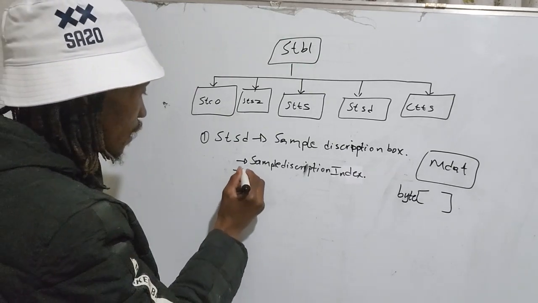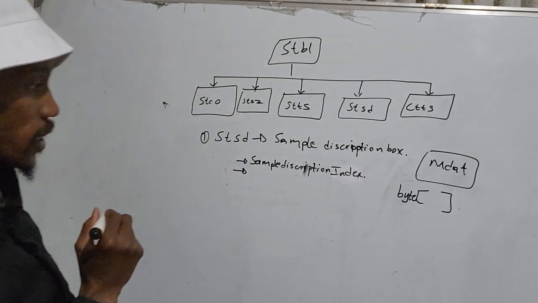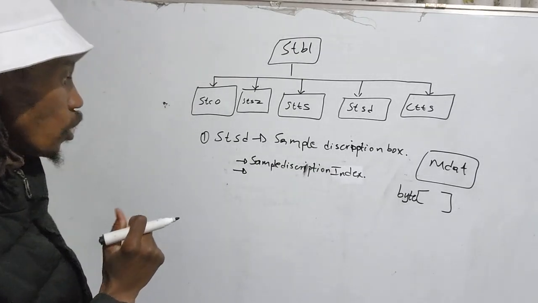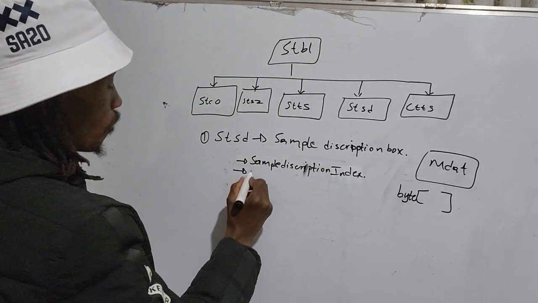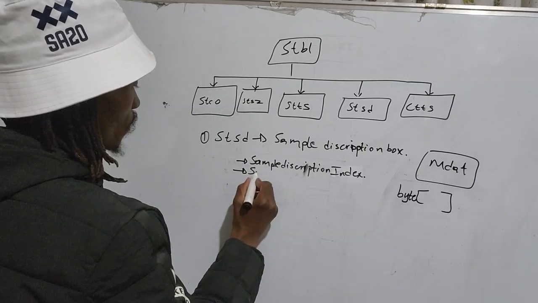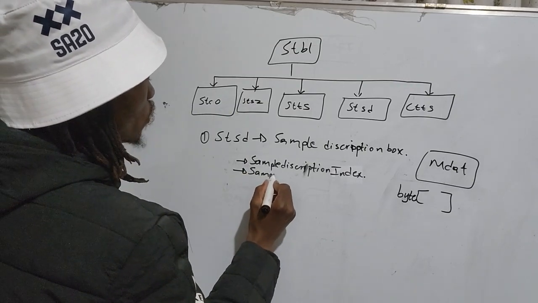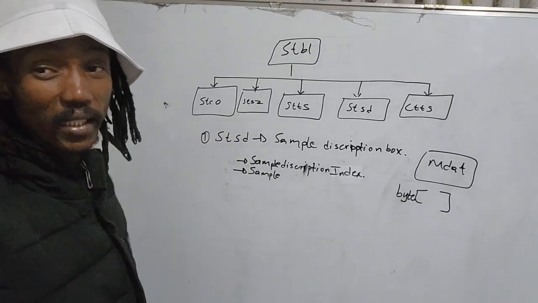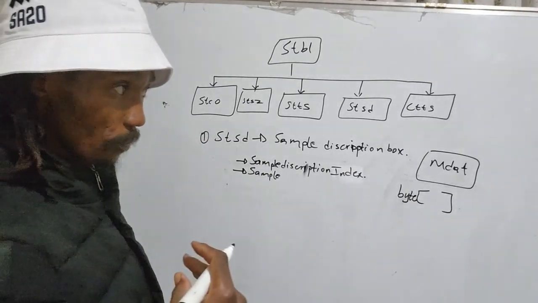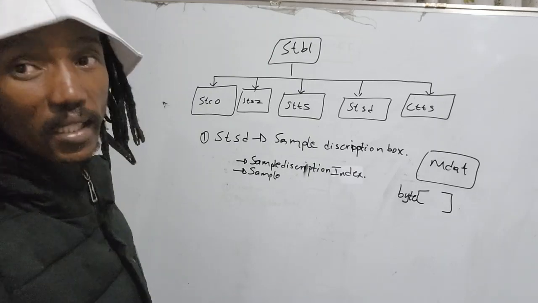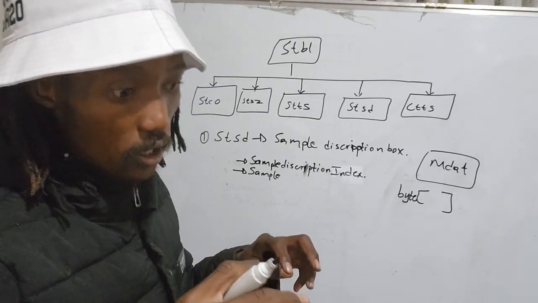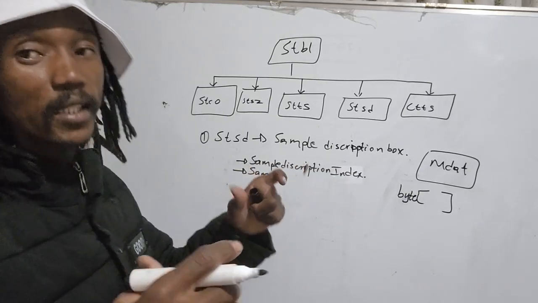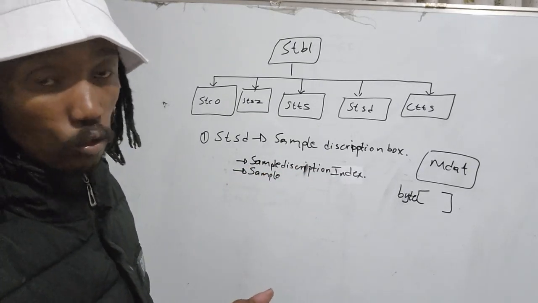The second data point that you are going to get here is the sample format. You are able to get the format, which basically is a 4-character string that describes the configuration or the codec that was used to encode those samples.